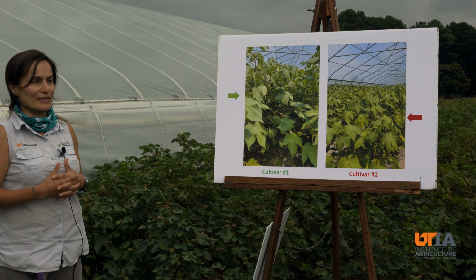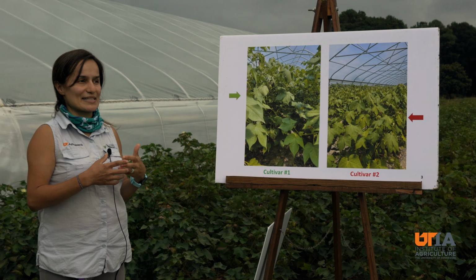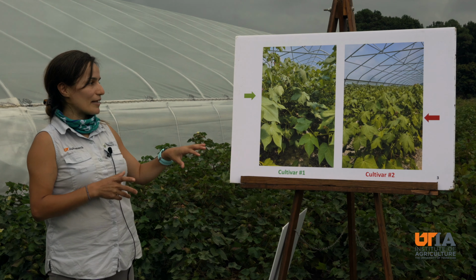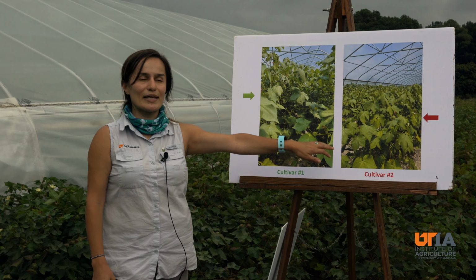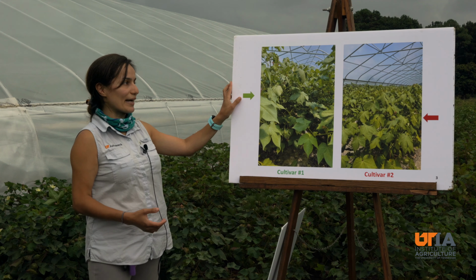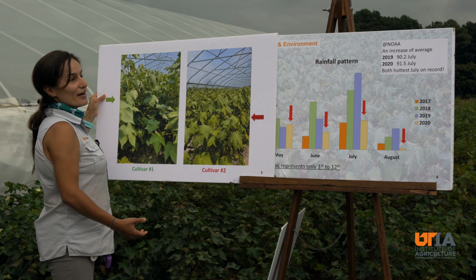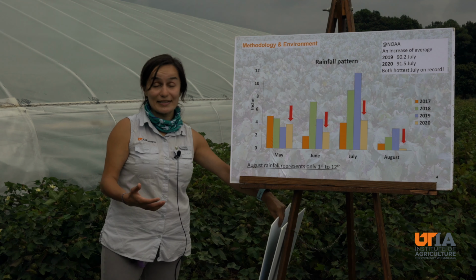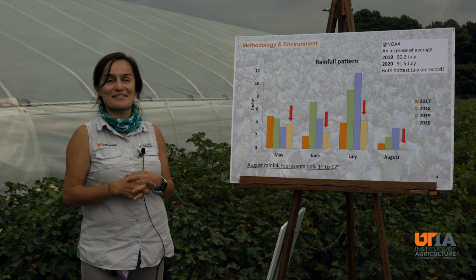This is important earlier in the season. We have a cultivar of cotton that can save water, that can reduce the amount of water loss, and still has water left in the soil. It's that simple, versus this one here. It's going to impact later on, if we have a condition like this year with more wilting, more drought, the yield and production, which I will show you in a few slides later.